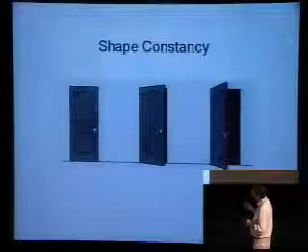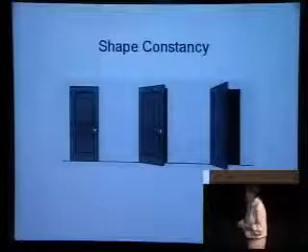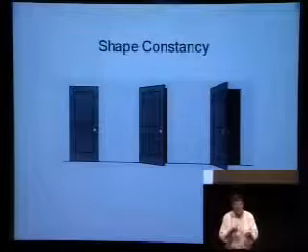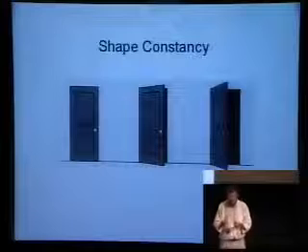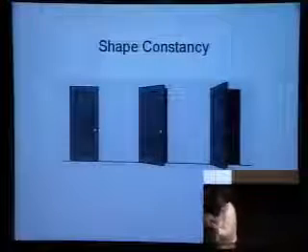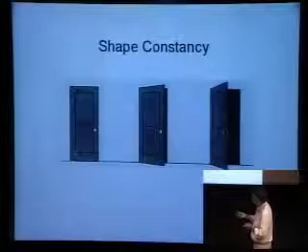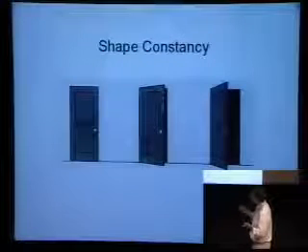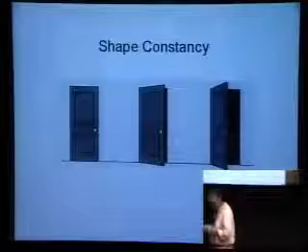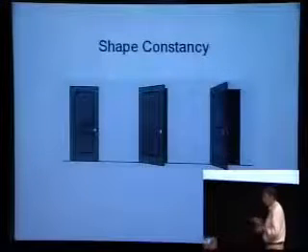That's even more so as the door opens even more. But you don't perceive the door as changing in shape. This is shape constancy. Despite changes in the pattern of stimulation from these square sides to these angled sides, you don't see the object as changing in shape.